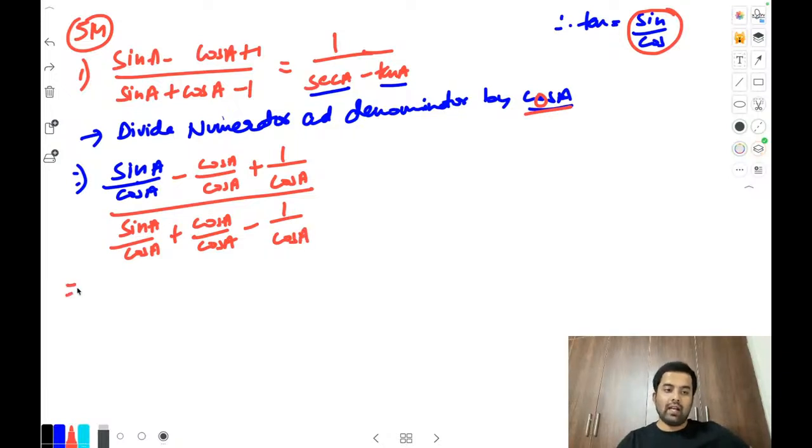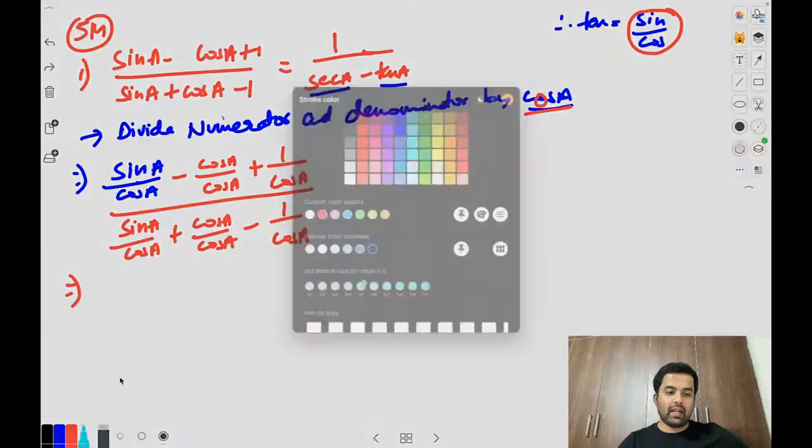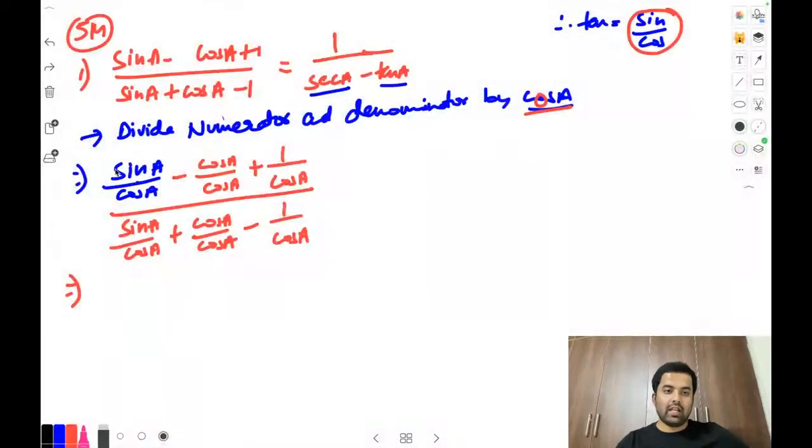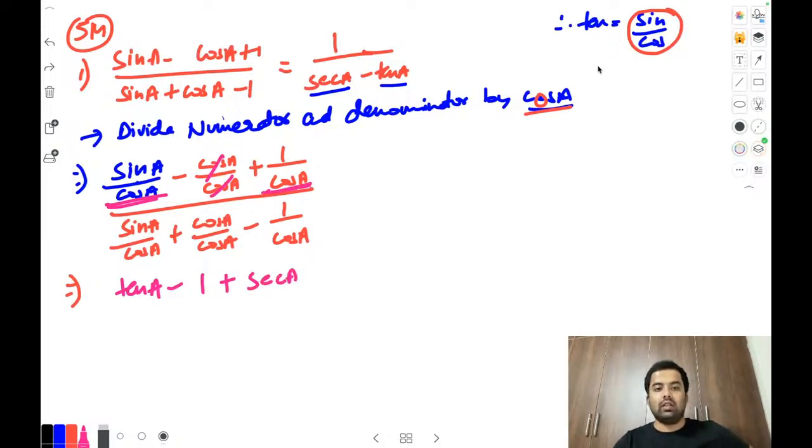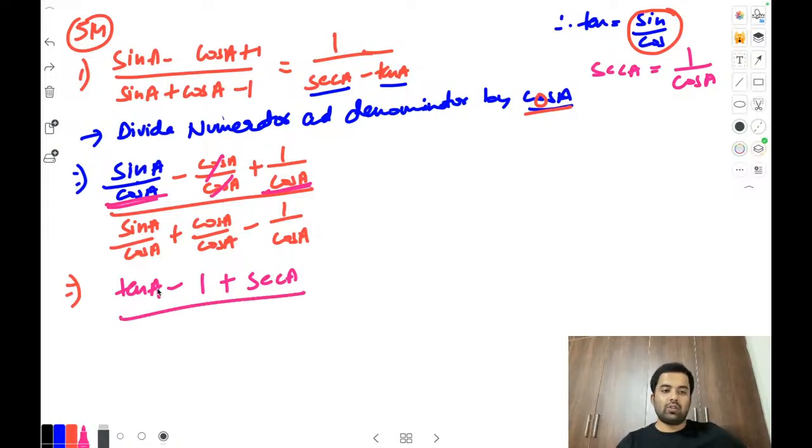Okay, now as you see here, let me make a bracket, then I will write. This value stands for tan, minus, this value will be cancelled, so it becomes 1, plus 1 by cos A, which stands for sec A. If you remember, the reciprocal of sec A was 1 by cos. Now the same thing will come below also.